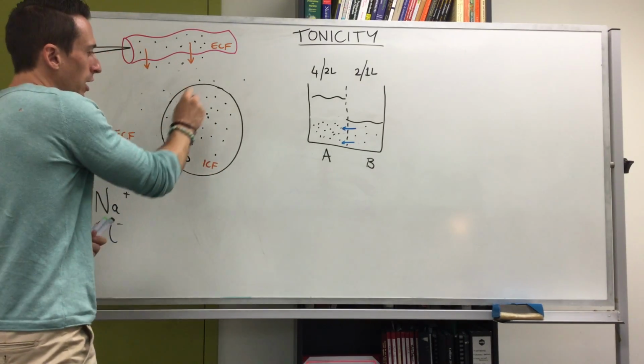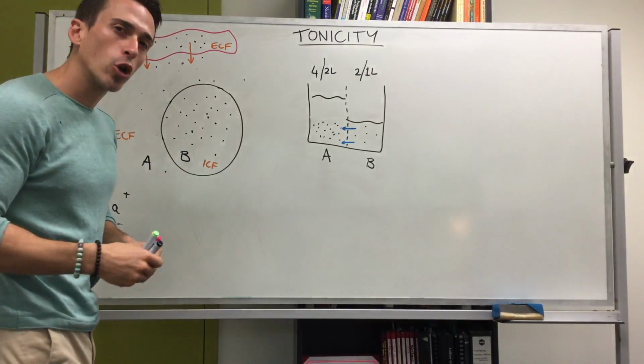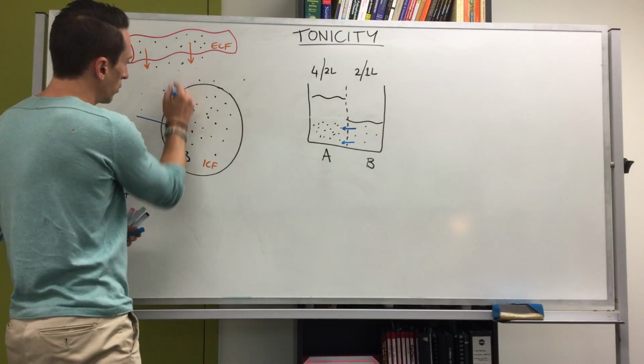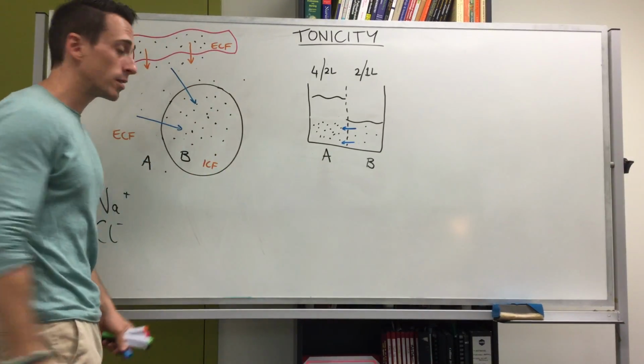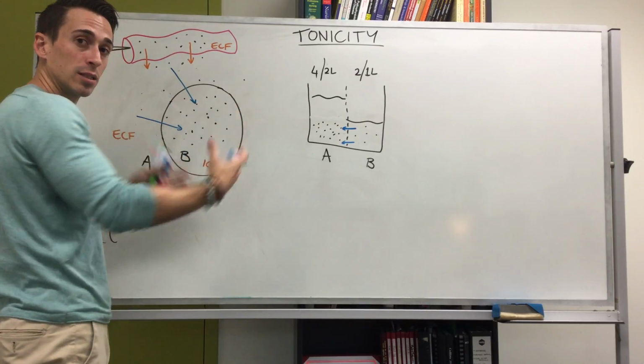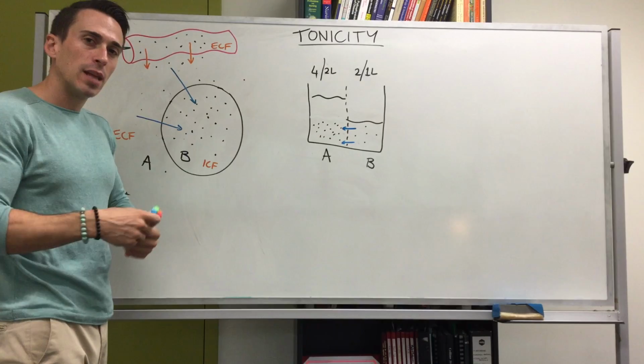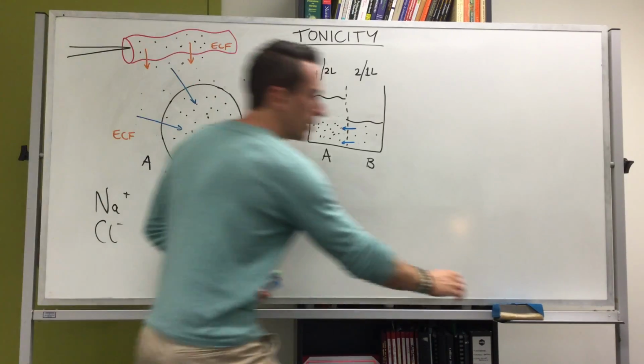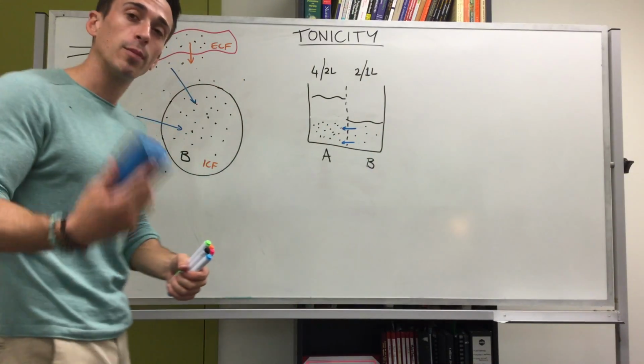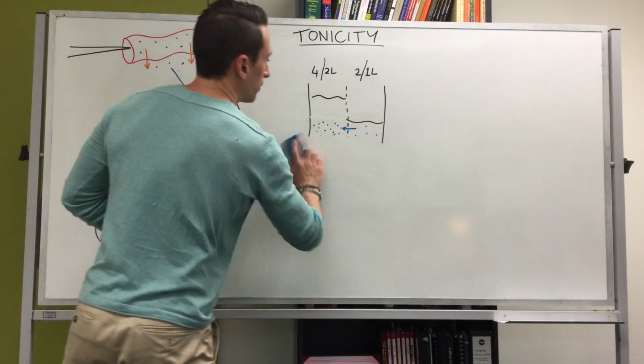That means that side B has a higher osmotic concentration and it's pulling the water towards it. What happens to the cell? It gets larger, starts to swell, and can sometimes burst. So that's the basic premise of tonicity, but let me give you some specific examples. Some examples you might find in your exam.